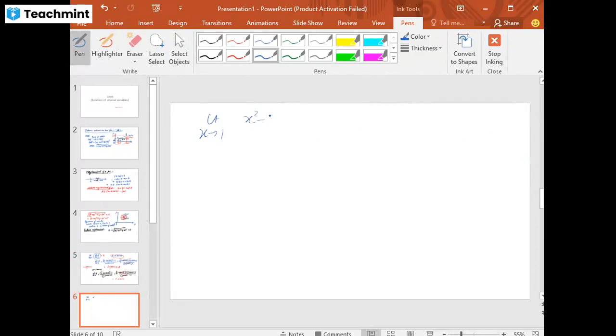This is x square minus 1 upon x minus 1. This can be factorized as x minus 1 into x plus 1 upon x minus 1. And we cancel out this factor because x approaches to 1, x is not equal to 1, right? So now, because your function is defined at the point 1, I can substitute here the limit. So the limit of this function comes out to be 2. Okay, so this is the concept of the limit of the function.